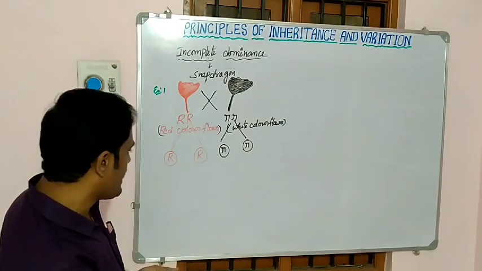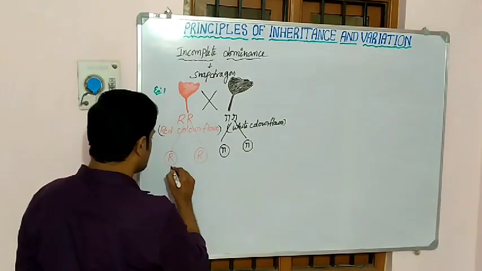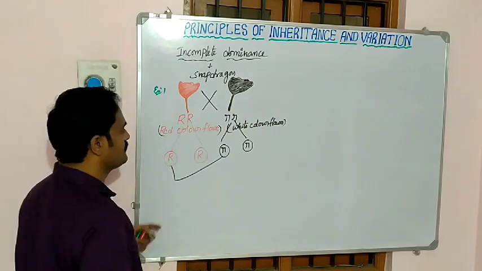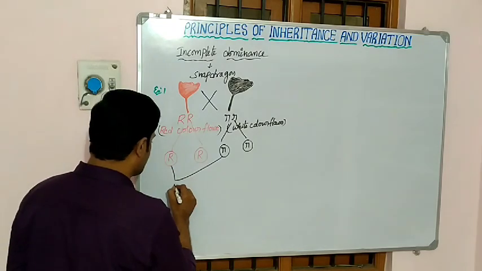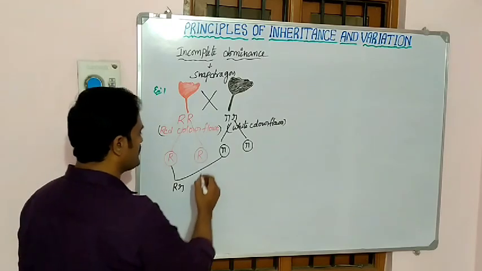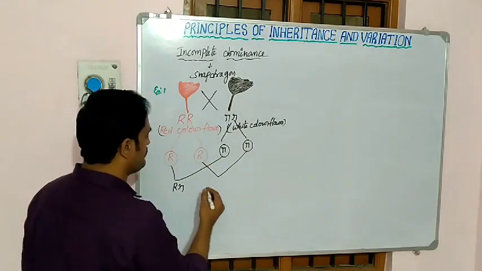Then the gametes are fused to each other. See, this gamete is fused with this. So what kind of plant will be produced here? Capital R small r. This is one plant. And here also it is fused with this gamete.